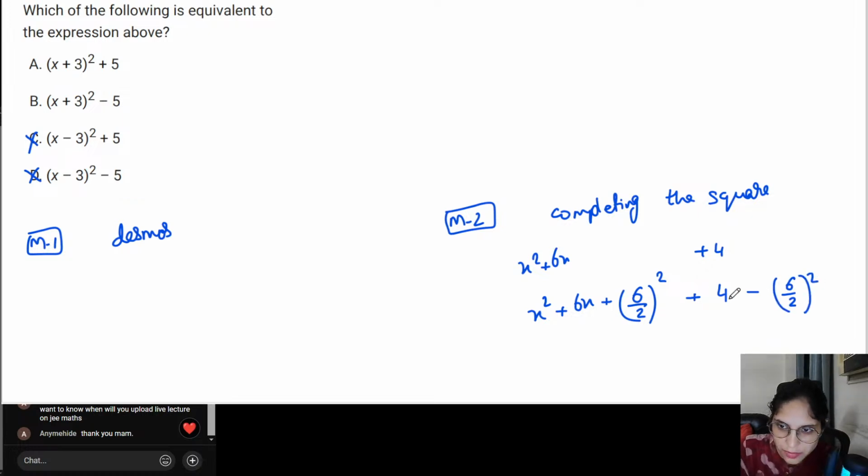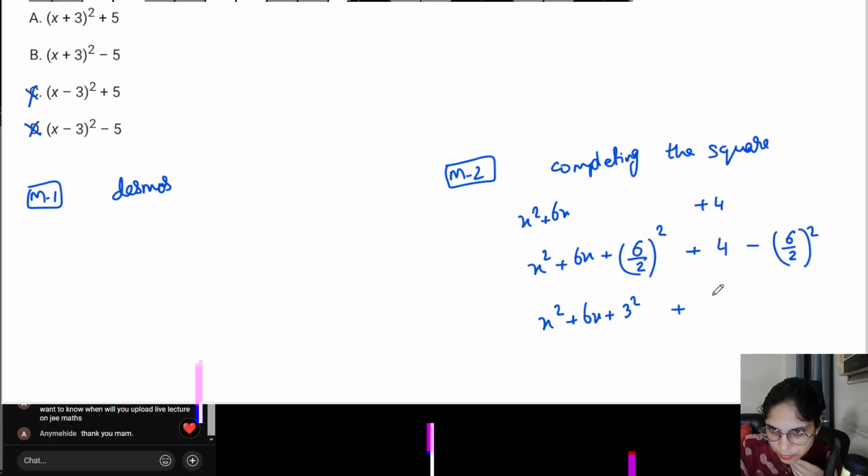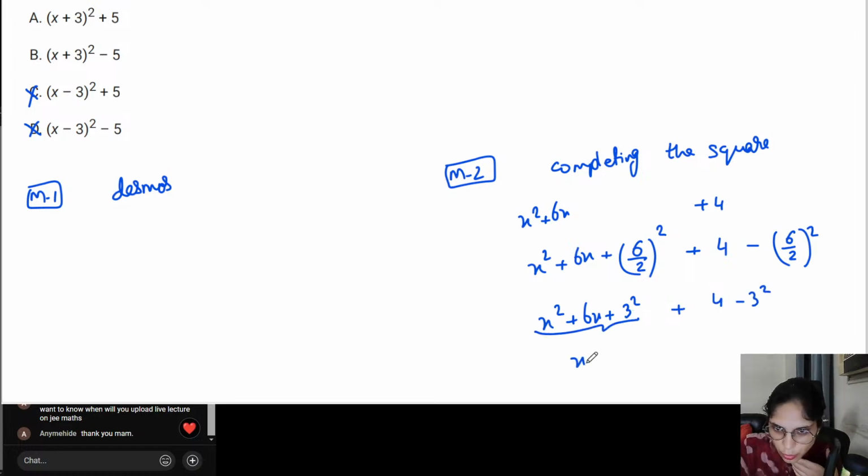So the overall expression remains the same, because whatever you're adding, you have to subtract. Now 6 over 2 is 3. So this is now x plus 3 whole squared, because this is a squared plus 2ab plus b squared. And now 4 minus 9.